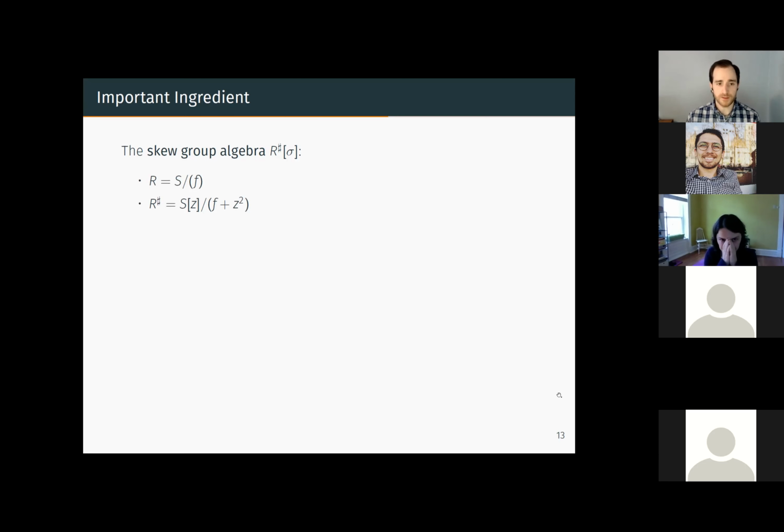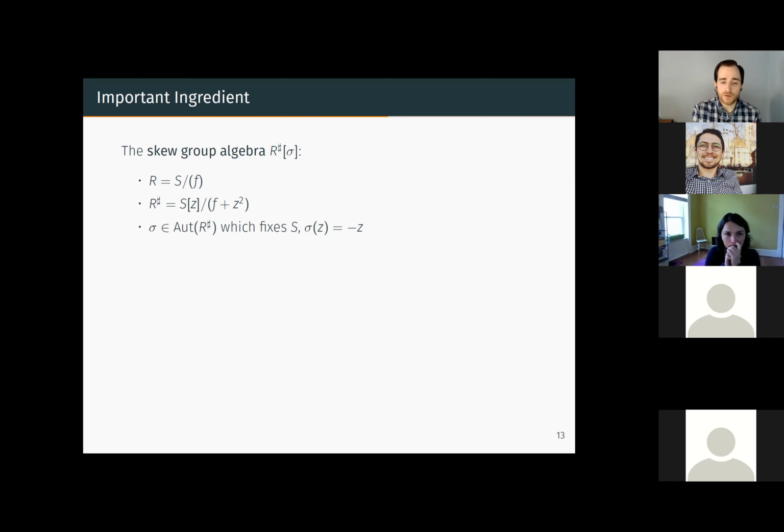R is the hypersurface ring, still defined by F, and then the double branch cover is the one where you add on a new variable Z and then mod out by F plus Z squared. And then the non-commutative part comes from R sharp bracket sigma, where sigma is an automorphism of the double branch cover. This construction is called the skew group algebra.